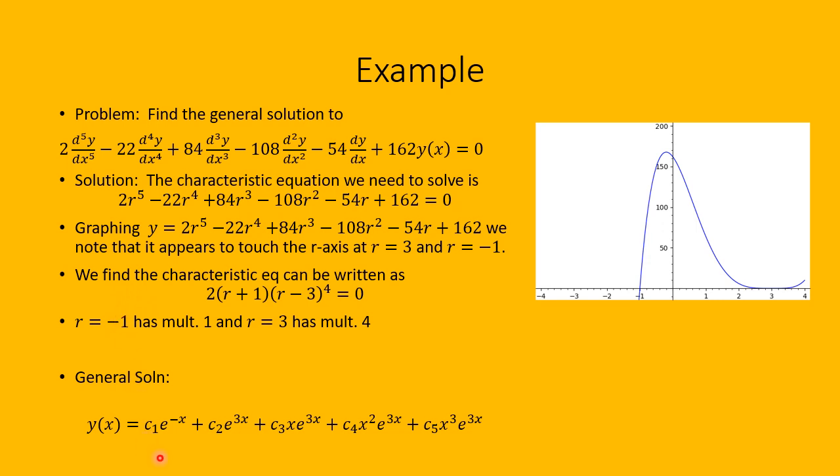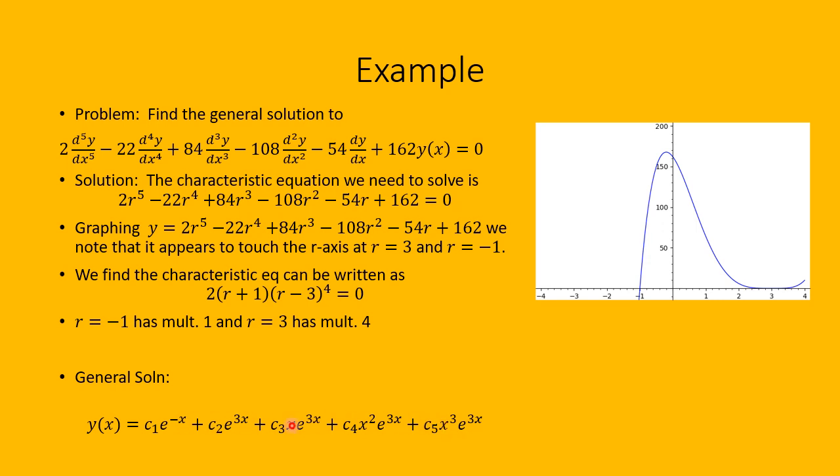Okay, so for the root minus 1, we get a term in our solution, c sub 1 e to the minus 1 times x. Now for the root 3, which has multiplicity 4, we get 4 solutions that are linearly independent: c2 e to the 3x plus c3 x e to the 3x plus c4 x squared e to the 3x plus c5 x cubed e to the 3x.